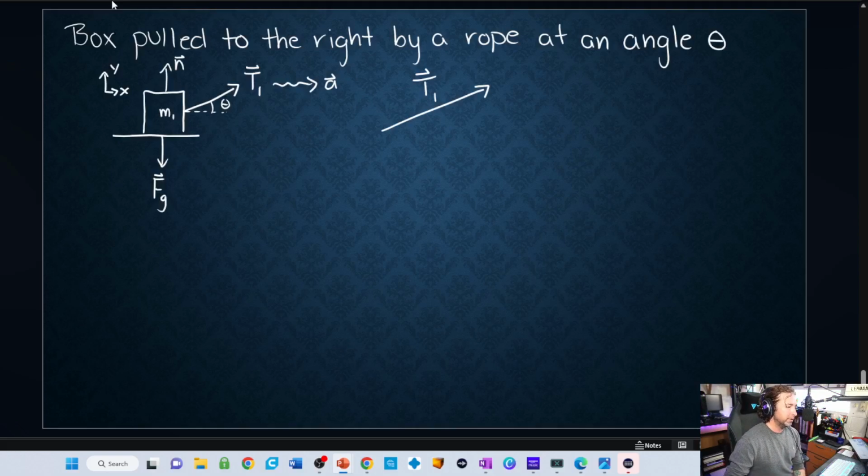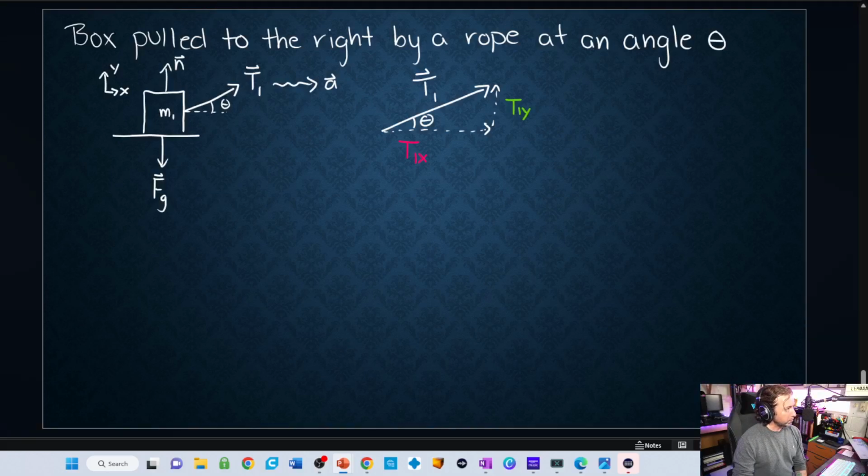So here's your tension vector, and it is at some angle. So there's T1X, there's T1Y, there's my angle theta. So let's do this. T1X is going to be in red, and T1Y is going to be green here.